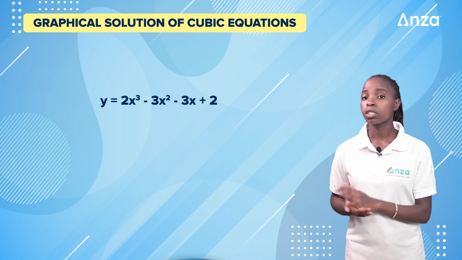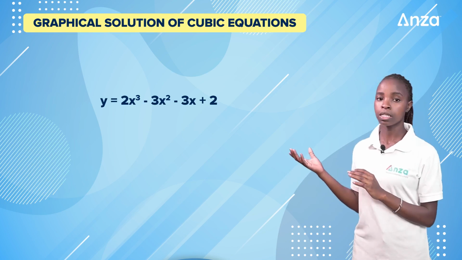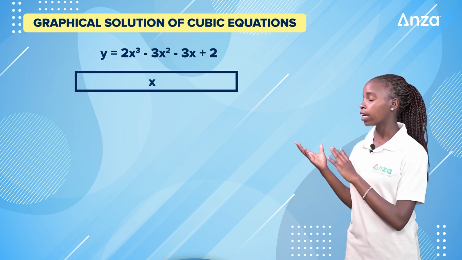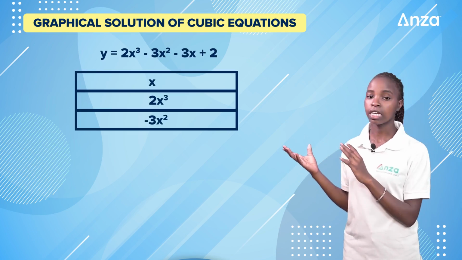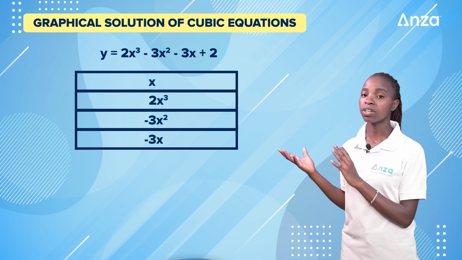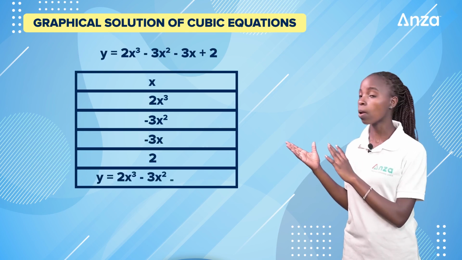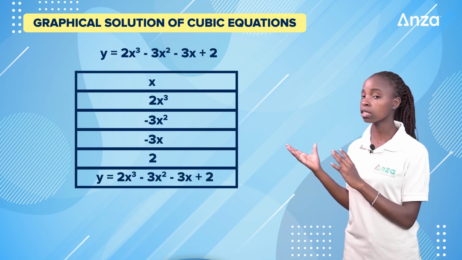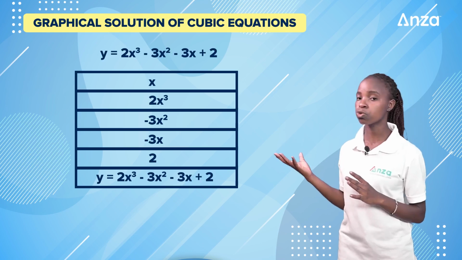We find the corresponding values of x and y in a table as follows. You will have the column of x, of 2x cubed, of negative 3x squared, of negative 3x, of positive 2, and finally of y is equal to 2x cubed minus 3x squared minus 3x plus 2.